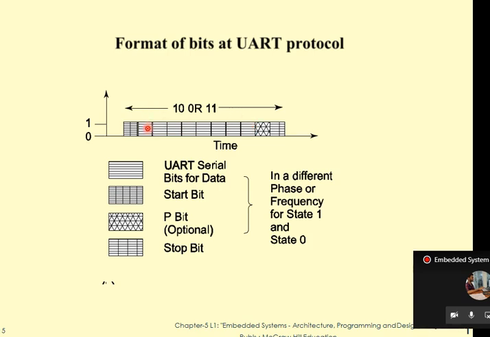I will send 8-bit data, 16-bit data, or 32-bit data based upon that. Here, for example, they gave 8-bit, and afterwards I send the parity bit. So this checked one is nothing but the parity bit. It's optional, I can send it or not. If I want to check the error, I will send the parity bit, and at the end of the session I send the stop bit. So this is the format for asynchronous serial communication, for the input as well as for the output.